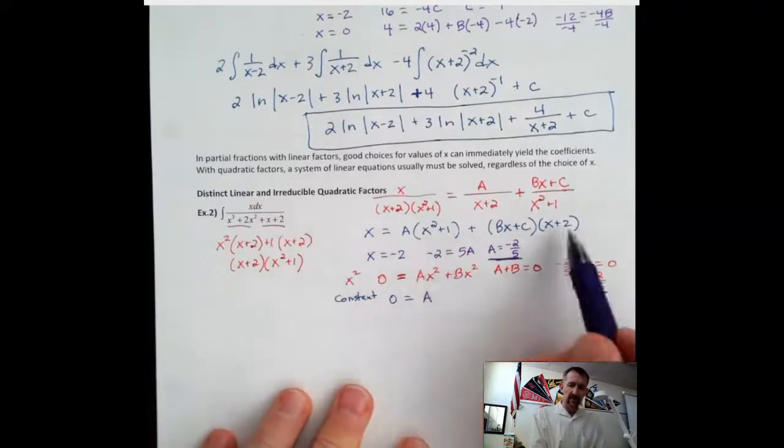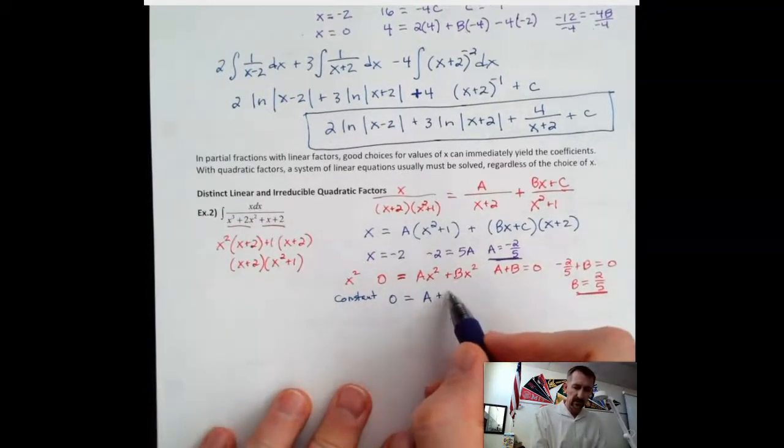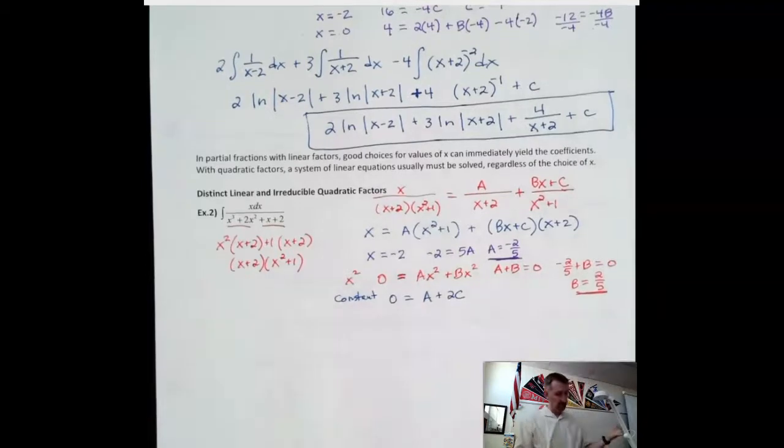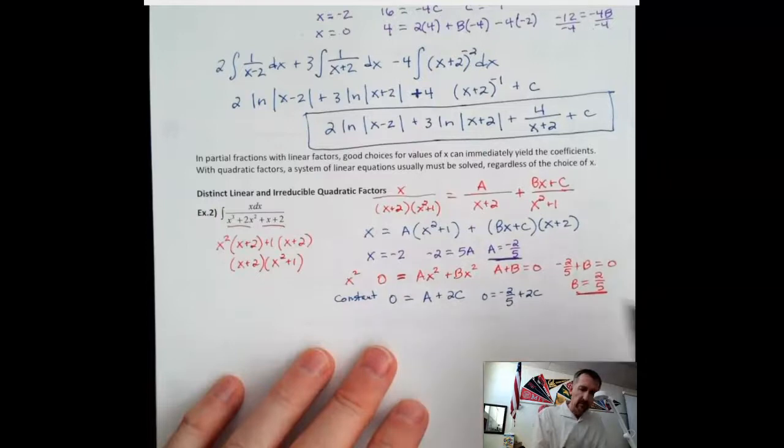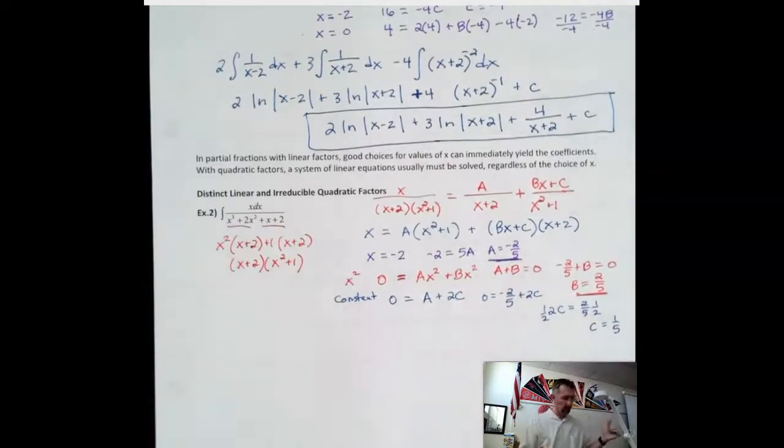If we distribute that, and if we multiply this all out, we get 2c. Okay? So, again, we already know what a is. A is negative 2/5. So we have negative 2/5 plus 2c. So 2c, add 2/5 to the other side, and then multiply by 1/2. So c is 1/5. Okay?